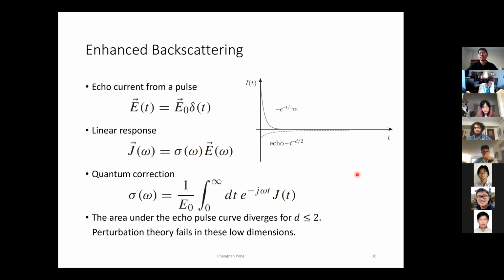Is there some way to see why it scales as t to the minus D over 2? An idea is when you will have an echo, when that enhanced backscattering, this quantum correction from loops, appears.